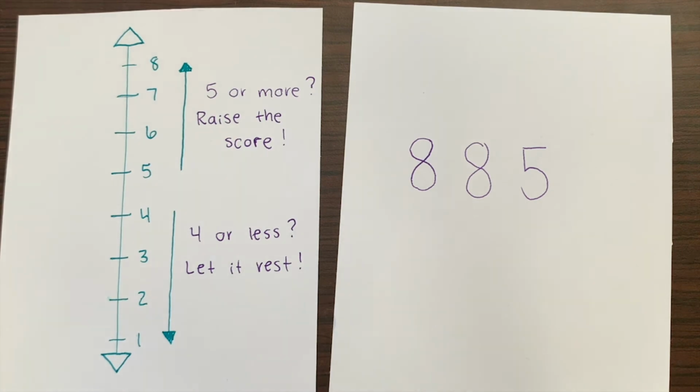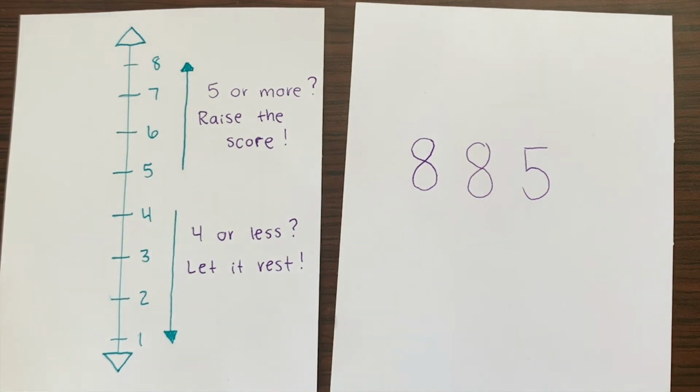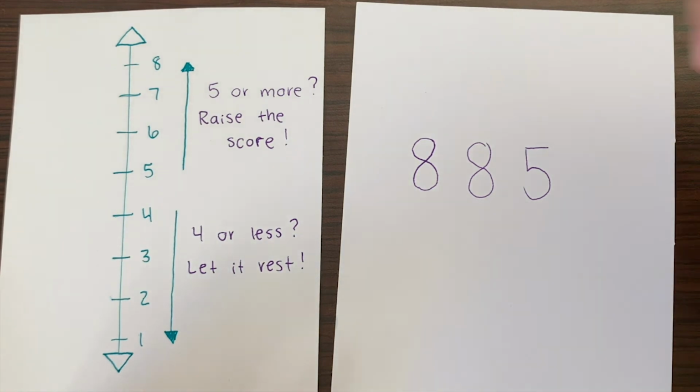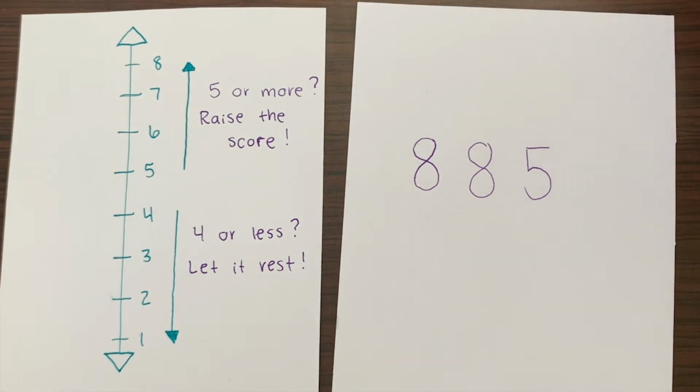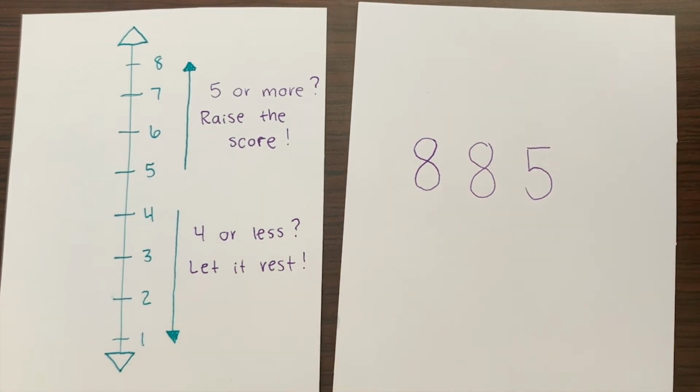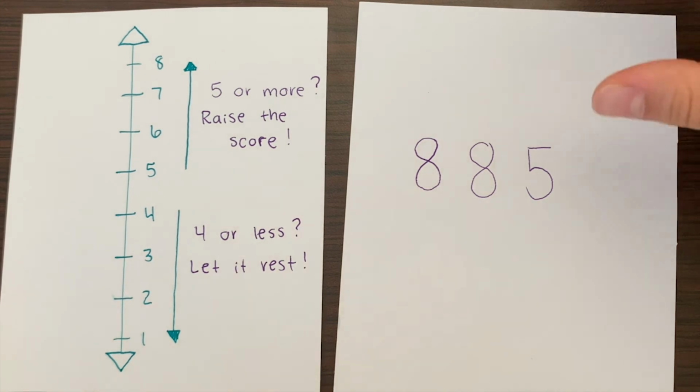Now for our last example, we have this really, really big number, which is 885. So again, keep in mind our rule, 5 or more, raise the score, 4 or less, let it rest. I love it because it rhymes and sometimes it's really easy to remember.